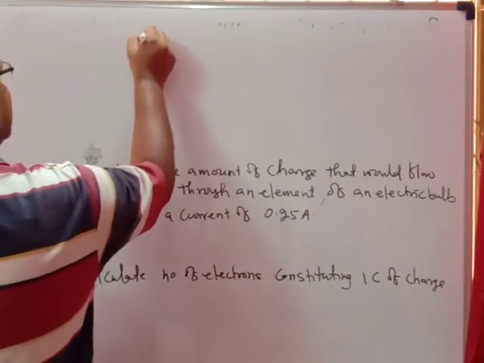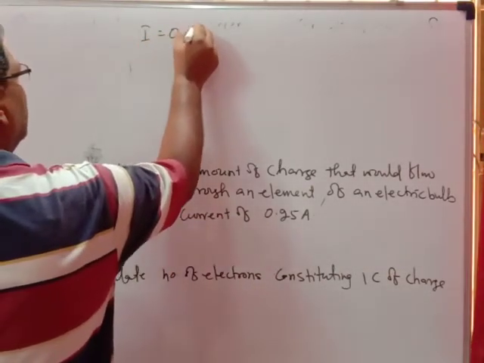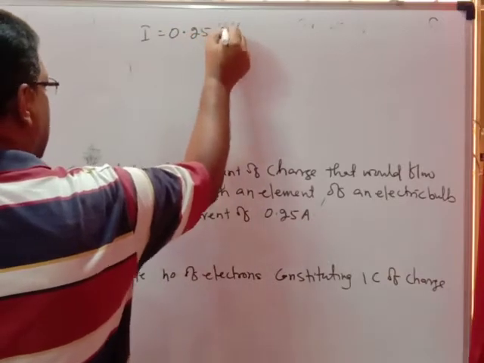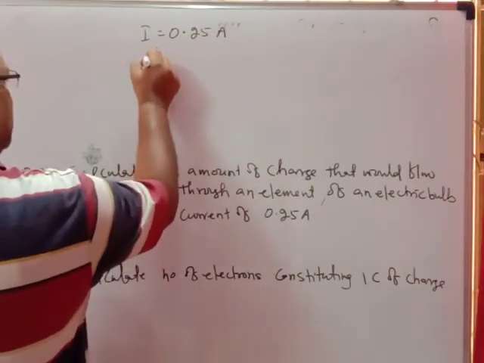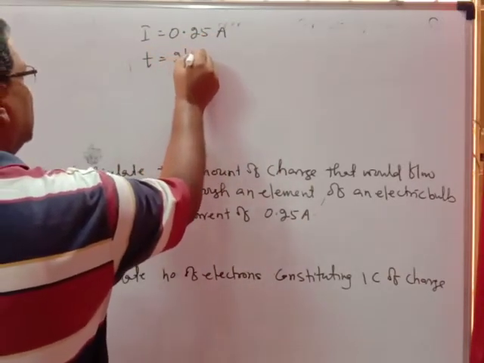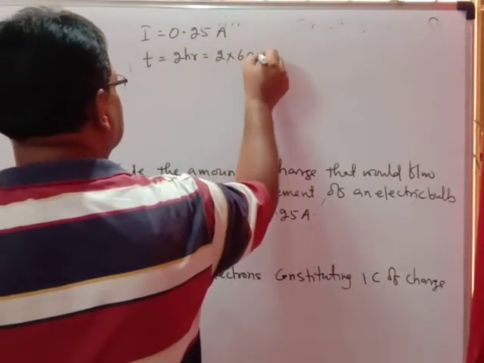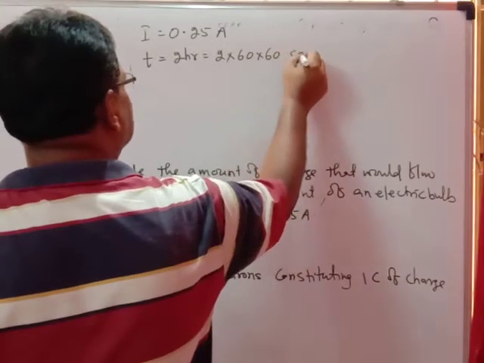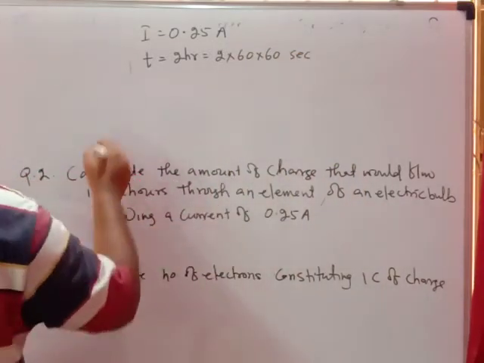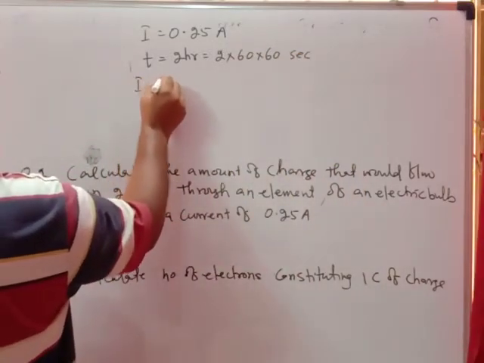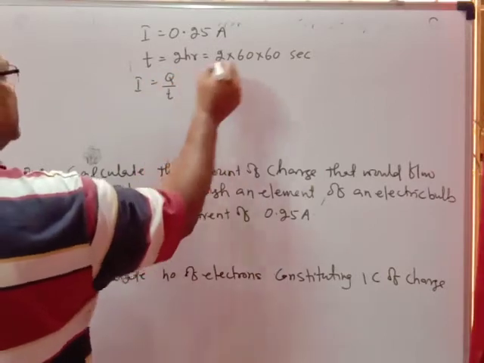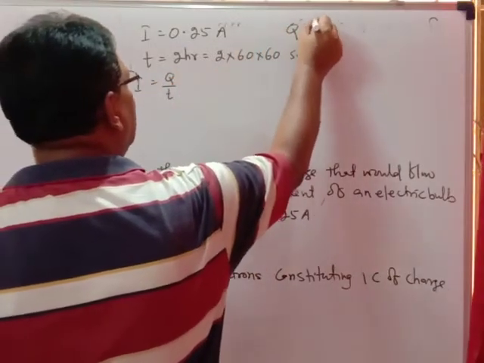So here the I is given, that is equal to 0.25 ampere, and the time is given, T equal to 2 hours. So that is equal to 2 into 60 minute into 60, that is the second. And you know the formula I equal to Q upon T. The question is asking how much amount of charge is flowing through it.